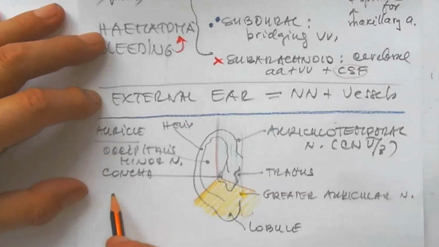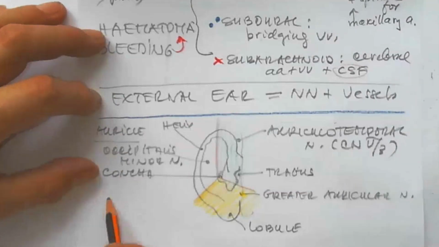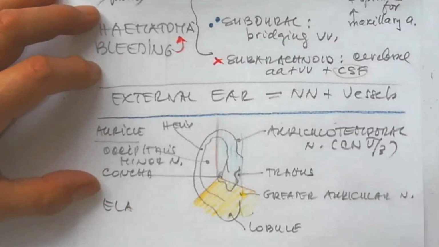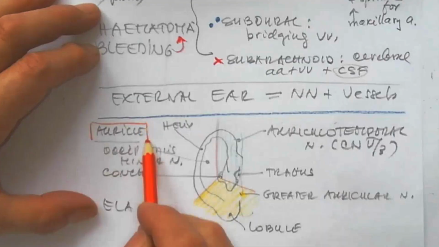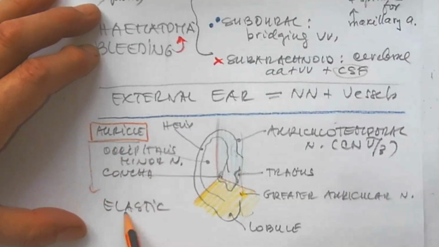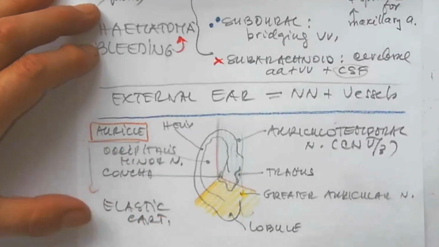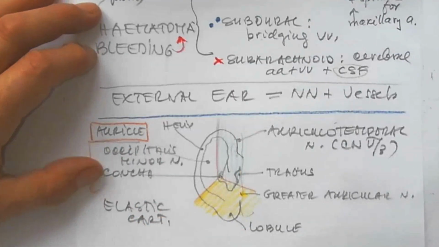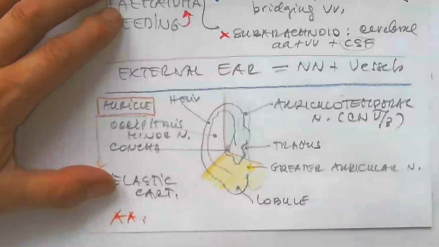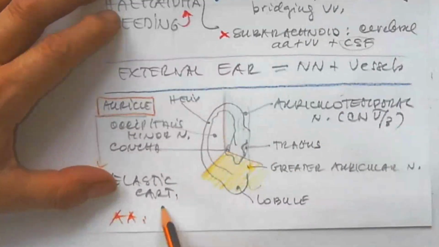Concerning the construction or material, don't forget that the auricle consists of the elastic cartilage. Concerning the arteries, just quickly, because we have to also define the arteries.